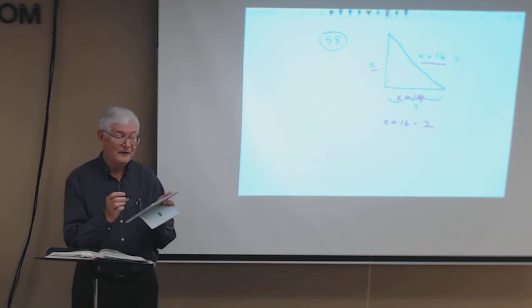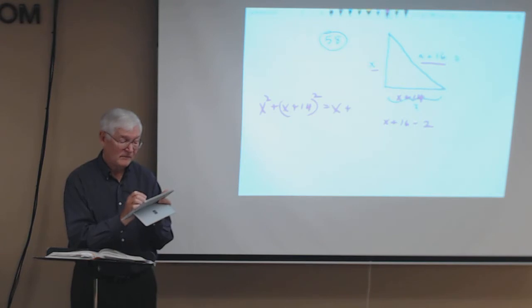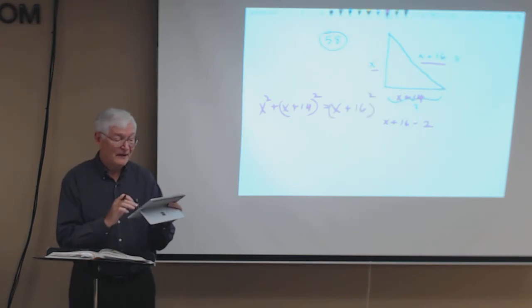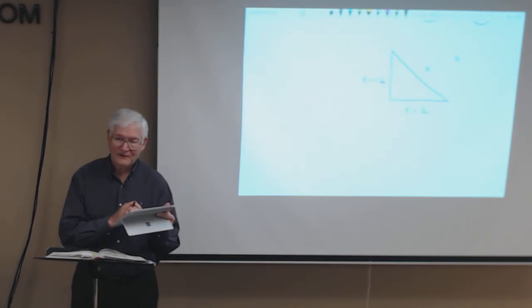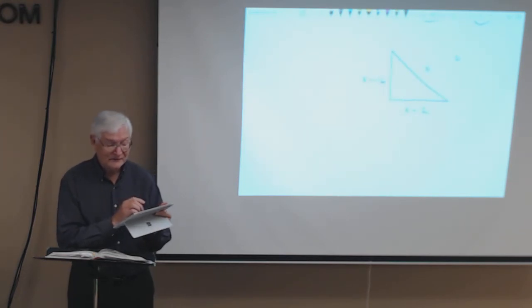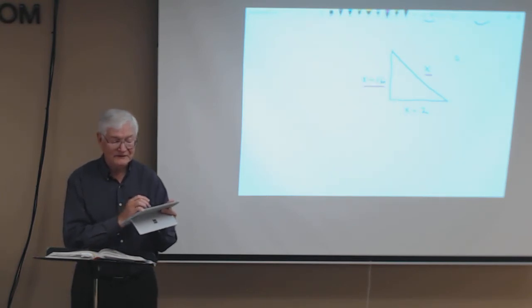You follow that? So now I've got these three numbers. I can use the Pythagorean theorem to go x squared plus x plus 14 squared equals x plus 16 squared. And work it out just like we did the last one. If you don't like that approach, you can call the hypotenuse x, and then since it's 16 inches longer, this would be x minus 16.